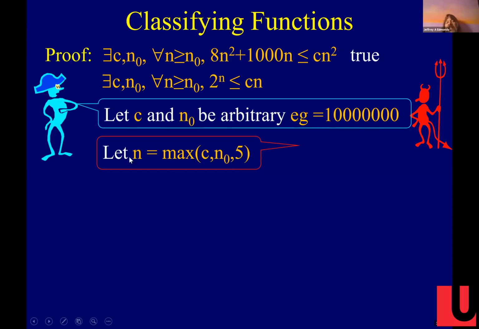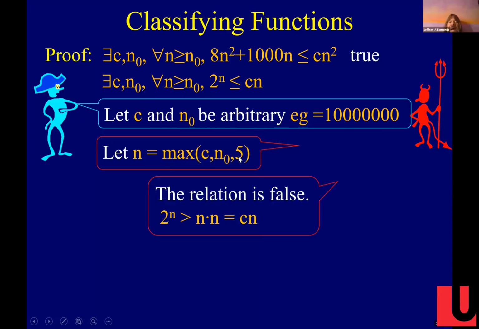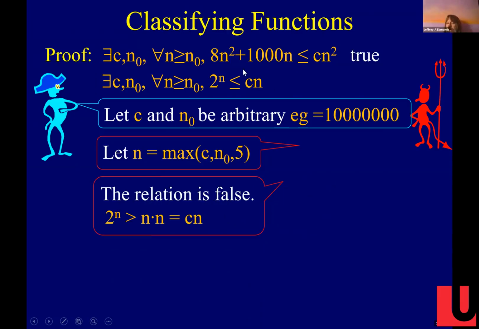And as we've seen, I need my n to be bigger than 5. And now I'm going to prove that he's wrong. The running time of his program is 2 to the n. Well, that's bigger than n squared for every n bigger than 5, right?